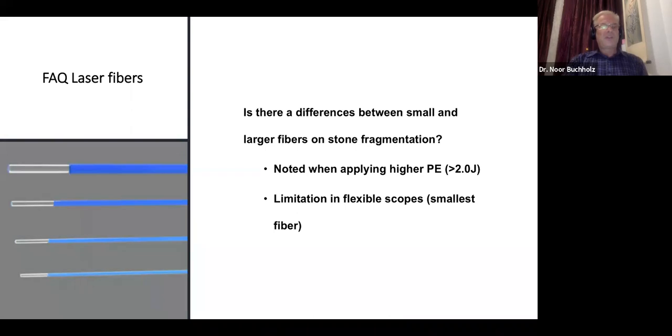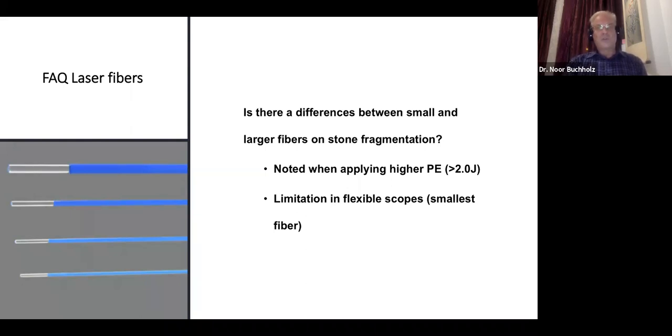Now we're coming to laser fibers, and there are some often asked questions. So people ask me, is there a difference between small and large fibers on stone fragmentation? Well, you can note a difference when you apply a higher energy.